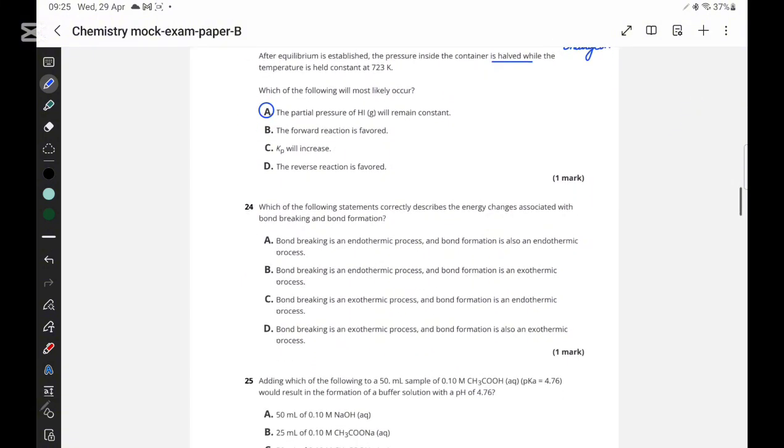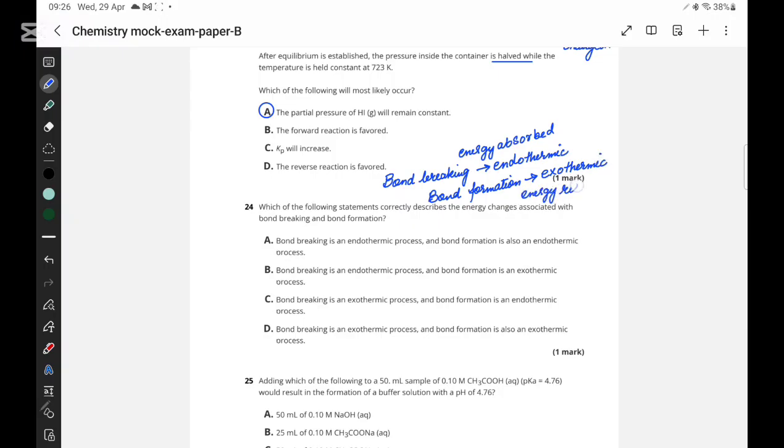Which of the following statements correctly describes the energy changes associated with bond breaking and bond formation? First of all, we must know one thing, that bond breaking is an endothermic process, in which energy is absorbed, and bond formation is going to be exothermic, in which energy is released.